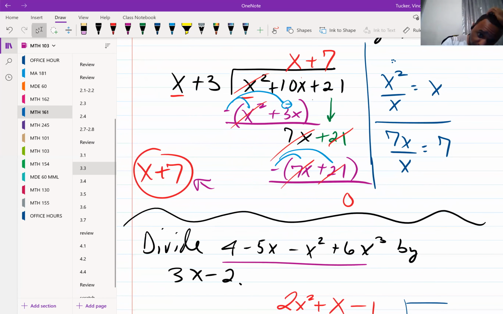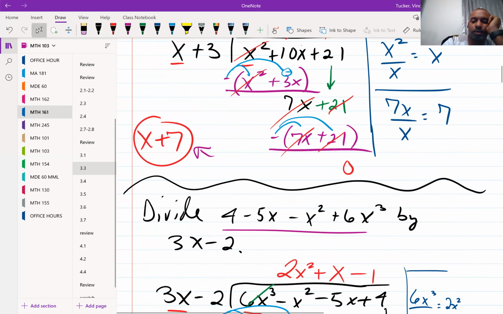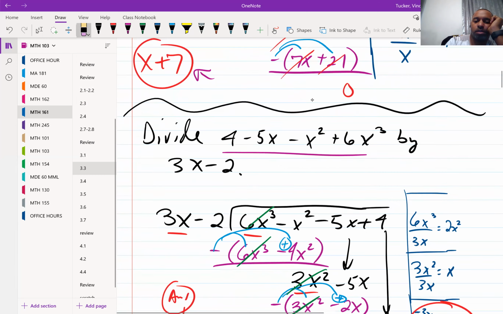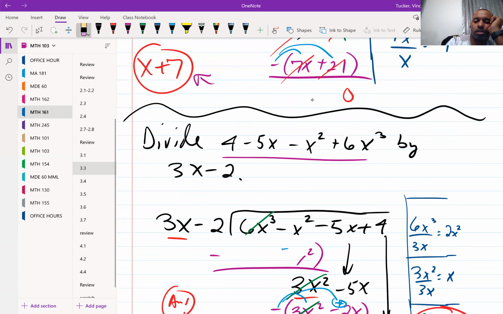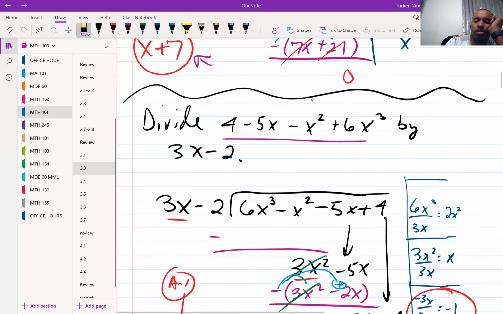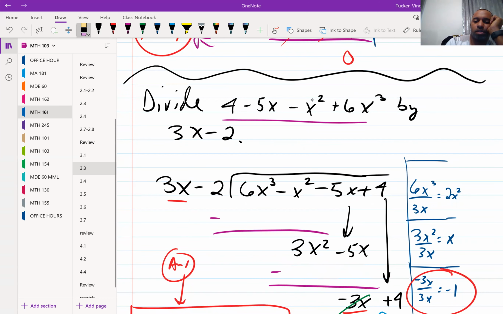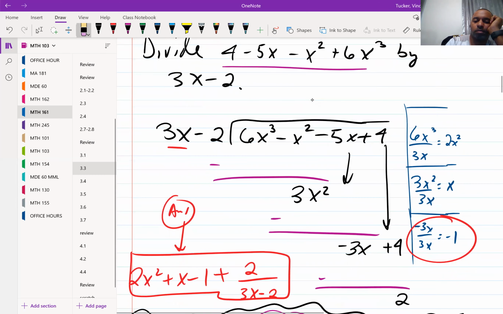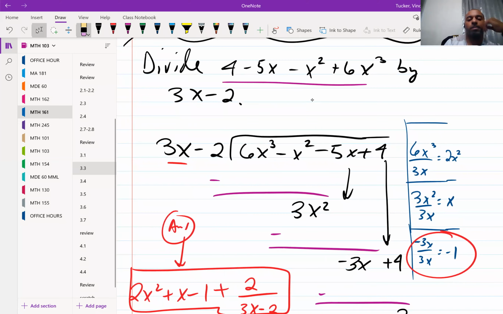So here we want to divide 4 minus 5x minus x squared plus 6x cubed by 3x minus 2. All right, so notice that they were written in ascending order.